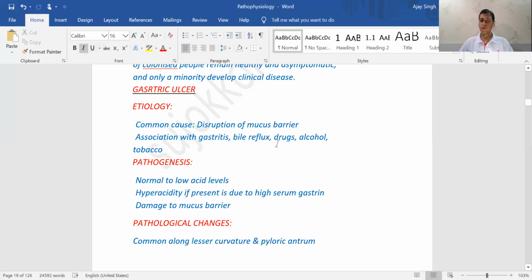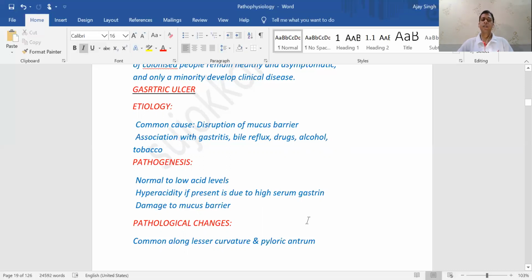Alcohol and tobacco can also disturb it, and normal to low acid level is also a cause, and hyperacidity is also a cause. Normal to low acid level can allow the H. pylori bacteria infection, that can be the cause of ulcer, and hyperacidity can disturb the mucous membrane, that can also be the cause of the ulcer. The damage to the mucous barrier may be due to alcohol, drugs, or any kind of things.